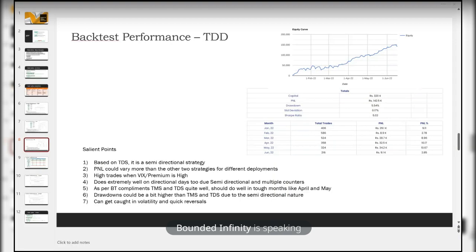I'll explain. So TDS, there are two aspects, right? TDS will aggressively roll, and it tries to capture the decay more aggressively than TMS. TMS is more like it will stay with that position till the point that it has got a confirmation that we are going to move in this direction. So that's the basic difference.